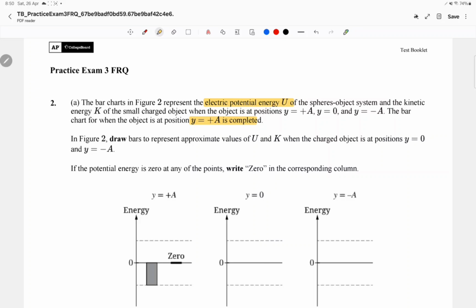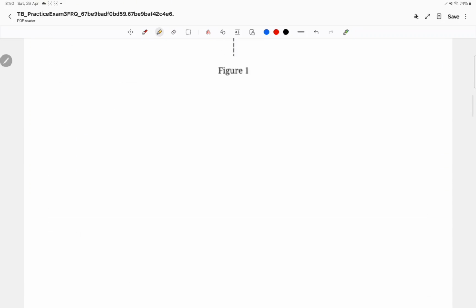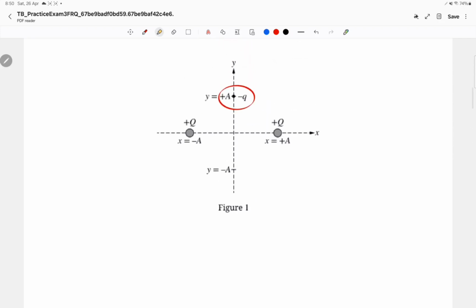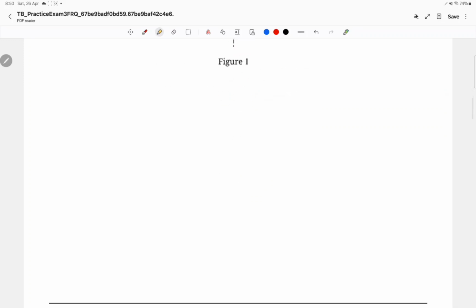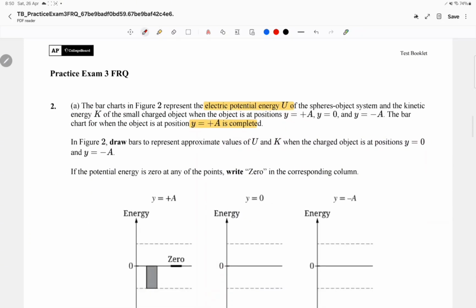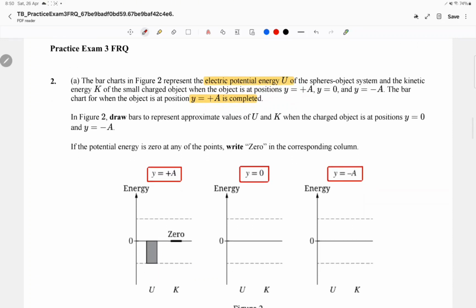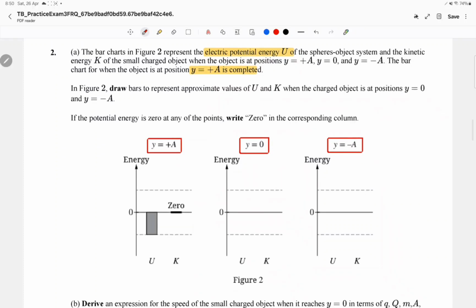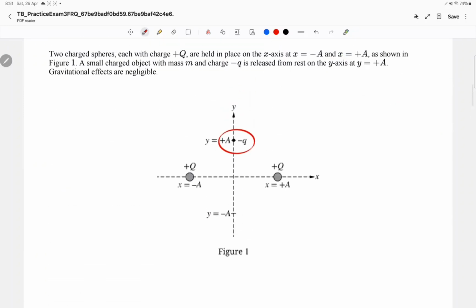Okay. So let's just check how they're similar or different from each other. y is equal to plus a, y is equal to 0, and y is equal to minus a. So u is negative at y equal to plus a, but k is 0.